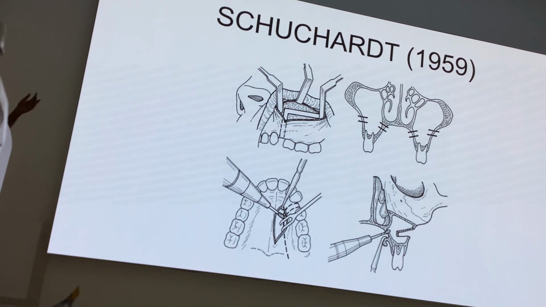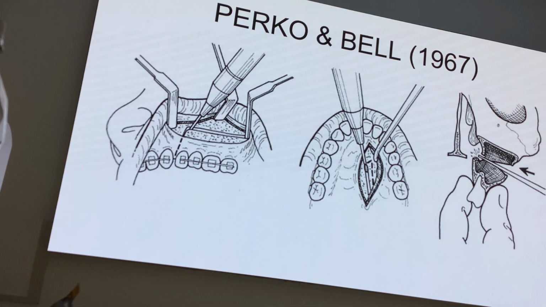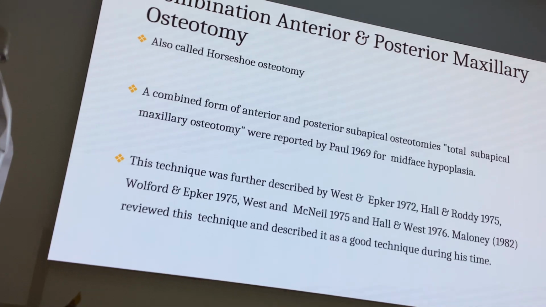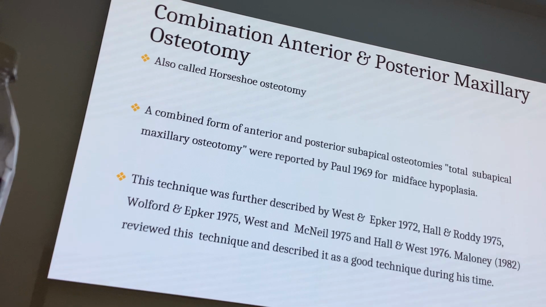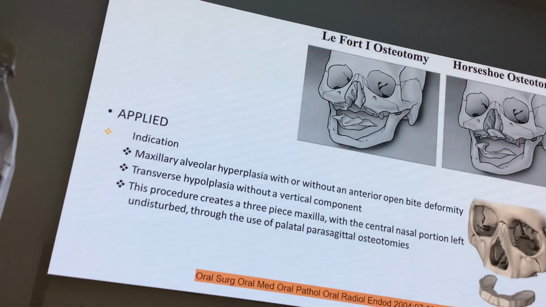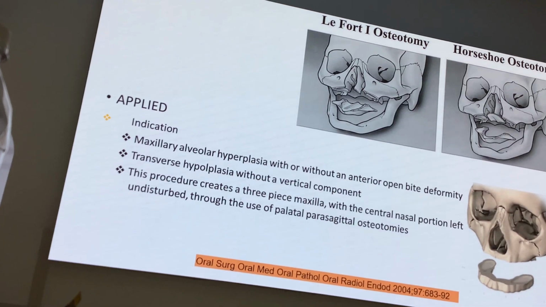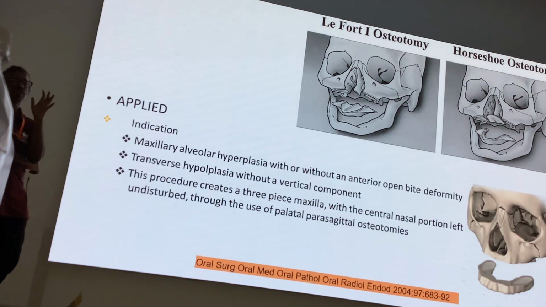This is how you do it. The Köle technique is there, Bell's technique is there, and the combination of anterior and posterior maxillary osteotomy is called the horseshoe osteotomy, where you combine the anterior as well as the posterior maxillary osteotomy. And that is the common procedure of Le Fort I osteotomy.